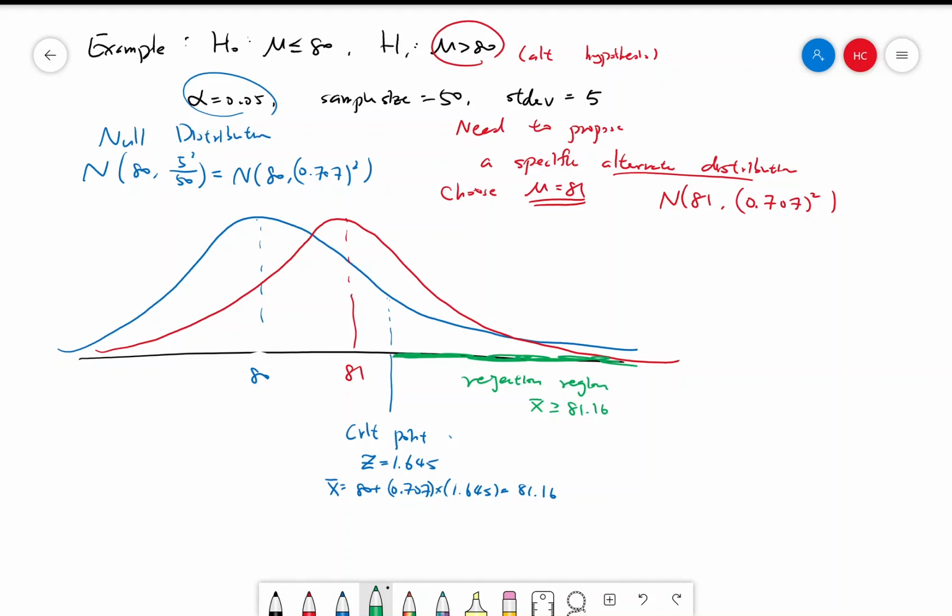Okay, so now all we need to do is calculate the area under the curve in the rejection region. It remains to calculate the area of this thing. That's going to be our power.